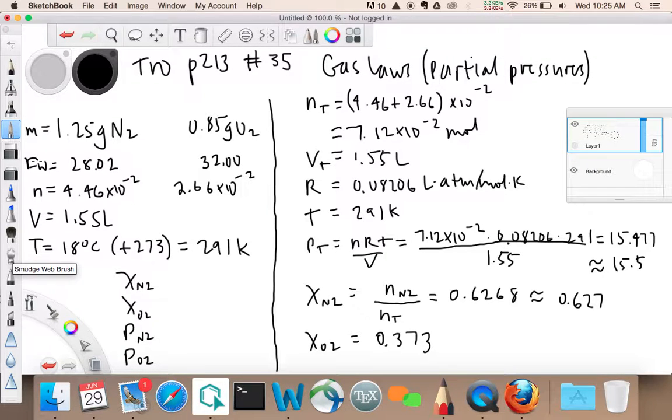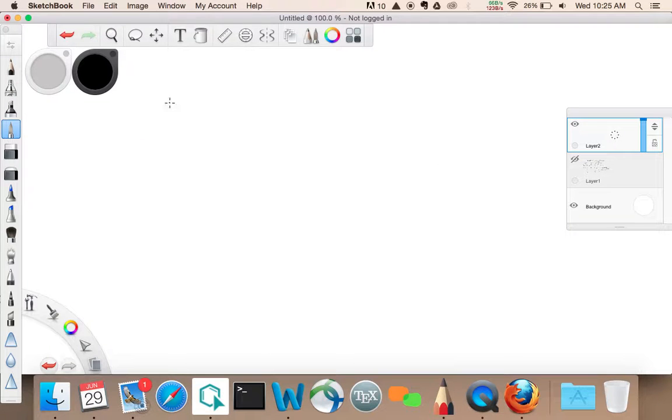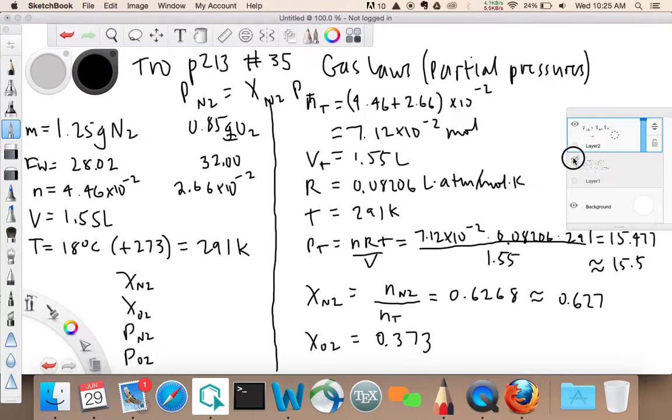Now the partial pressure of each of those is going to be, I need a new page here, sorry. So let me go to a new page and make this page invisible. The partial pressure of N2 is going to be the mole fraction of N2 times the pressure total. So what you need to do is pause the video at this point and calculate that. I understand it's routine, but you need to do it. All right, let me go back and look at what the mole fraction of N2 is.